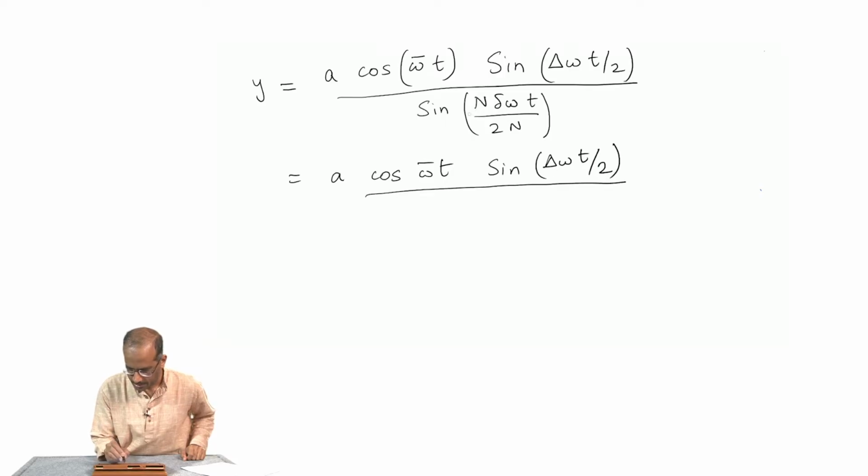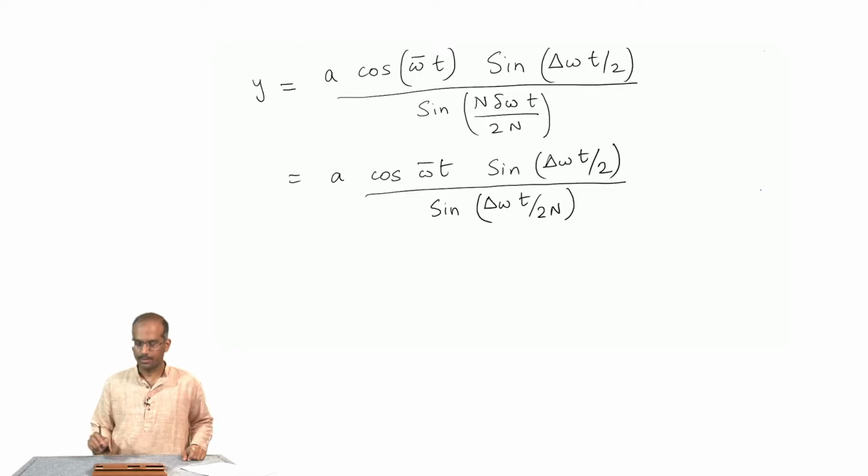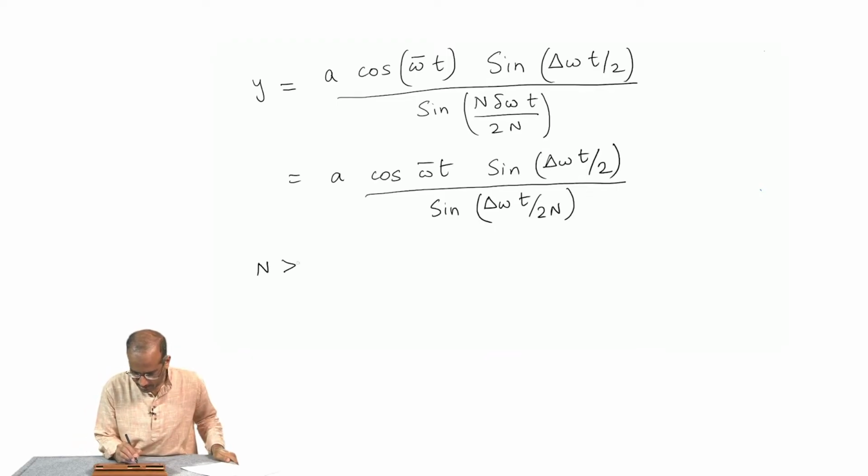Here, n into small delta omega will be capital delta omega into t divided by 2n. Now we will take the limit that n is very large.